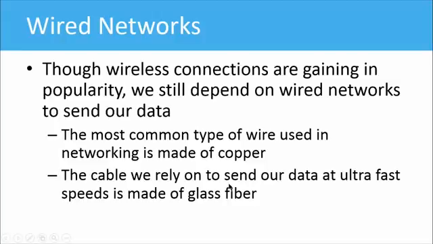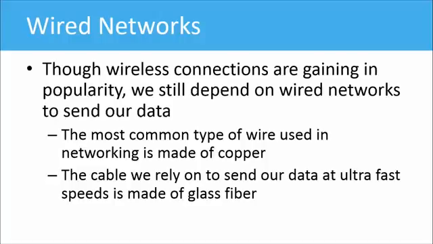All right, so wired networks. They're really important. And as easily accessible and as widely used as wireless connections are, we still depend on wired networks to send our data. Because even if we're using our phone, that phone's connecting to a wireless access point, and that wireless access point is probably connected by a wire to a switch.